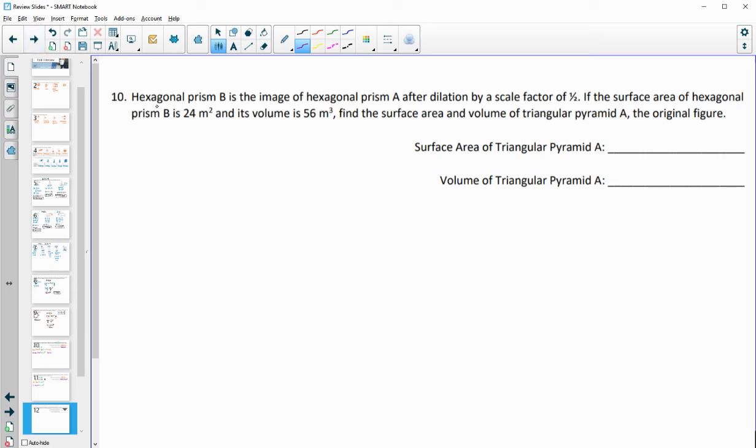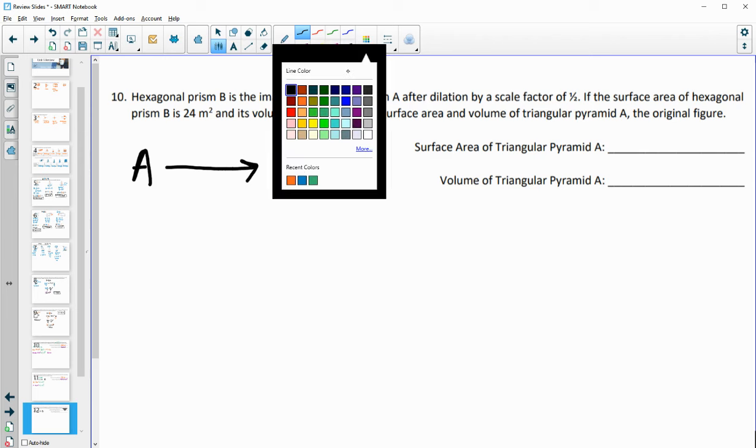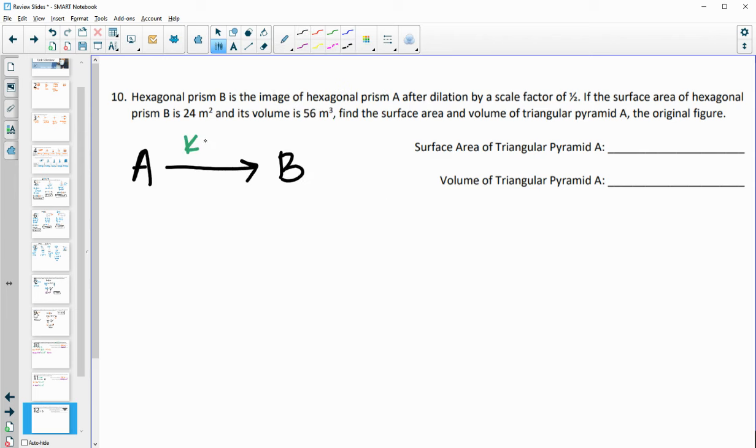Then number 10 is telling us again that we've got a 3D shape, hexagonal prism B, and that is the image of A. So we've got our original shape A, we've got our image B after a dilation by a scale factor, this time of 1/2. And then this time it says if the surface area of prism B, so now they're giving us prism B's measurements.